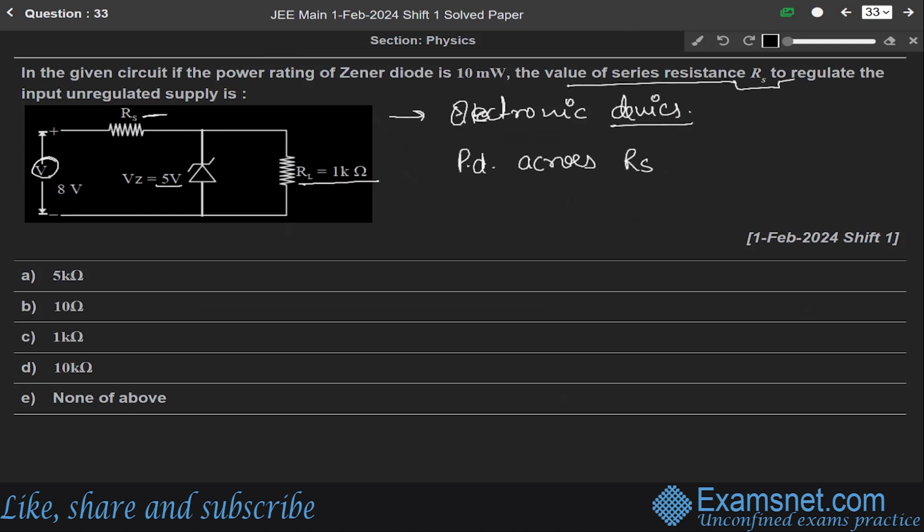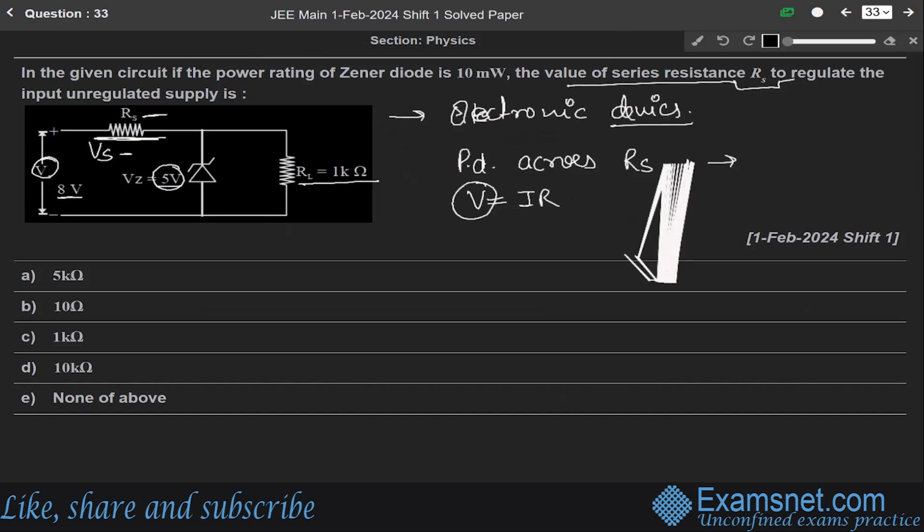The potential difference across RS will be the supply voltage minus the Zener voltage. So V1 will be equal to 8 minus 5, which equals 3 volt.